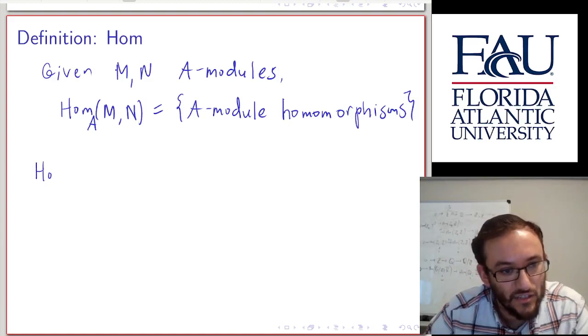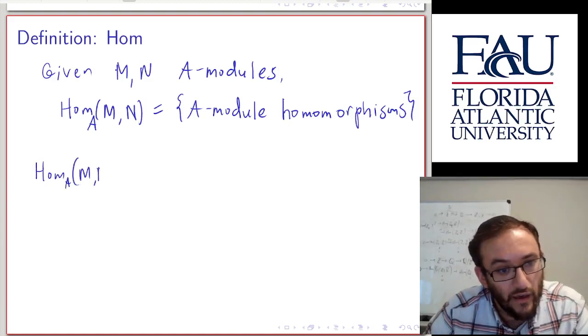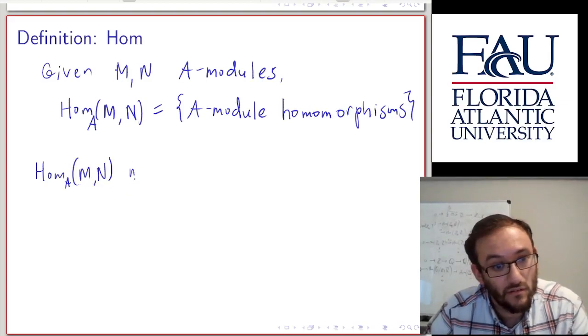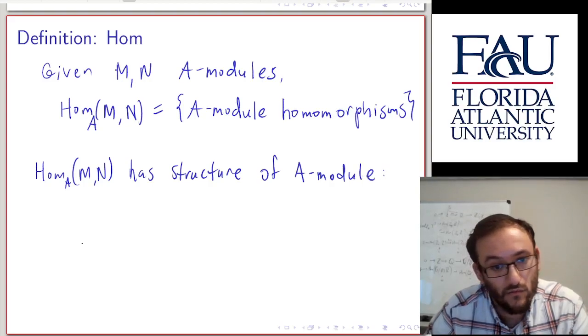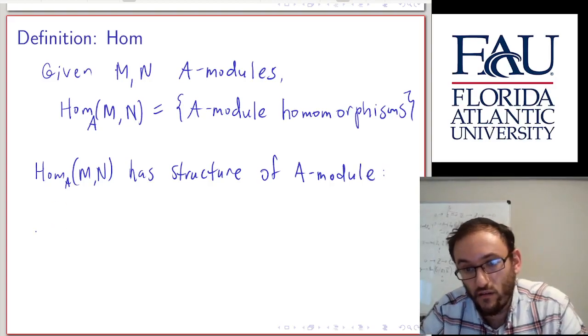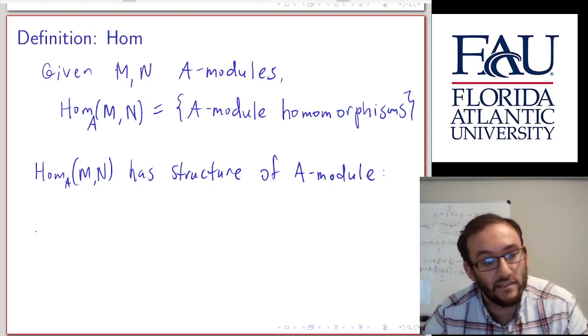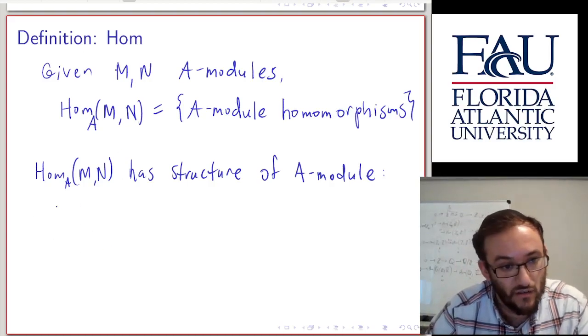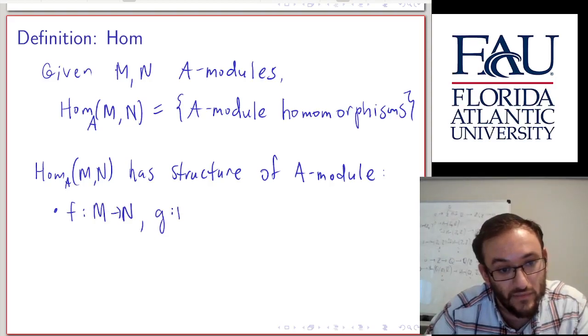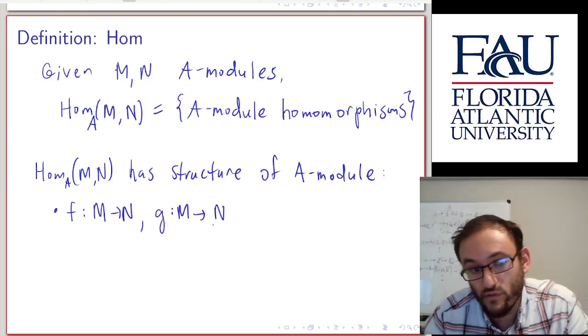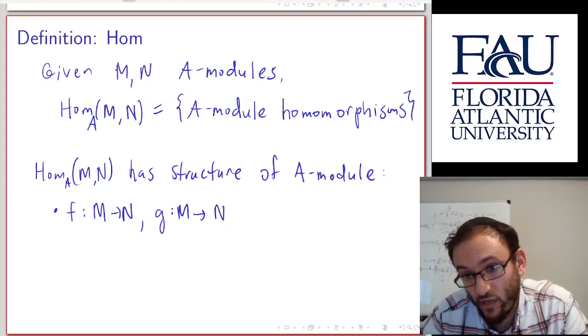And this actually has the structure of an A module. Okay, so let's confirm that that's the case. We need that it's an abelian group and it has A multiplication. So if we have, for instance, f from M to N and g from M to N, N is an abelian group because it's a module.